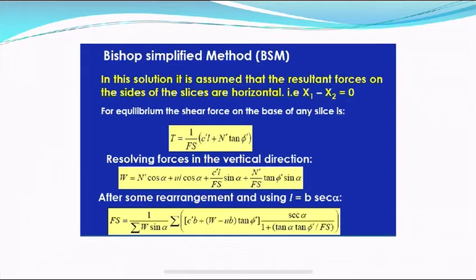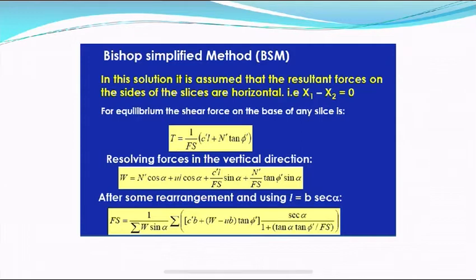By this assumption, the equilibrium of the shear force on the base of any slice is given as T, where T is equal to 1 by factor of safety into C dash L plus N dash tan phi dash. Resolving the forces in the vertical direction, we get W is equal to N dash cos alpha plus mu L cos alpha plus C dash into L sin alpha by factor of safety plus N dash tan phi dash sin alpha.